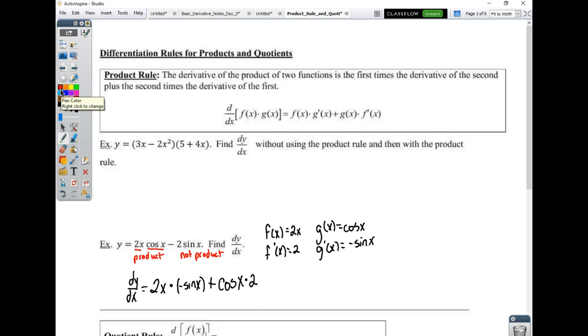Then, in a completely different color, I'm going to put minus the derivative of 2 sine of x, which is 2 cosine of x.